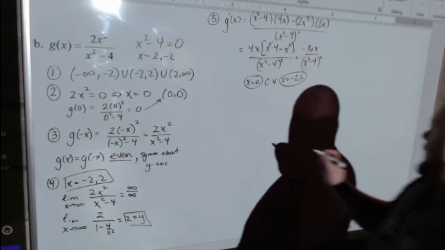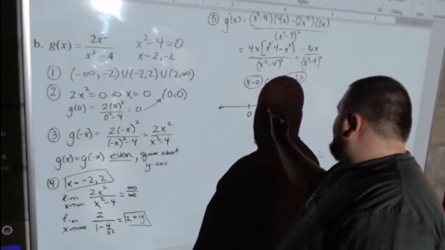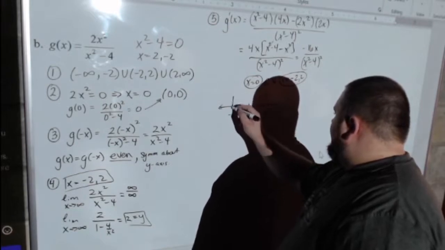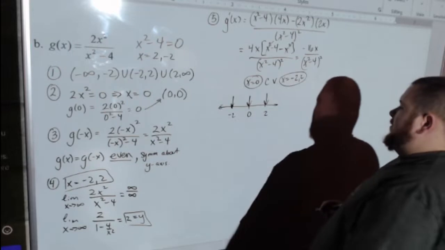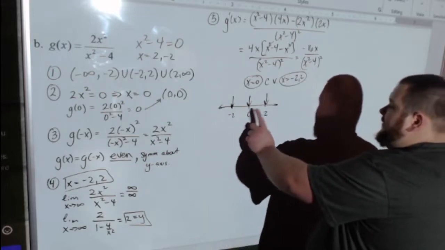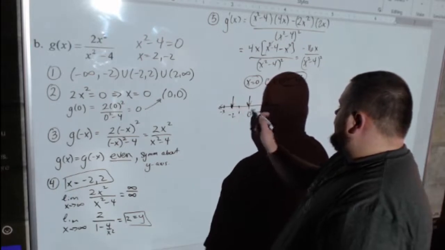So again, good old number line: 0, 2, negative 2. So I'm going to plug in negative 3, negative 1, 1, and 3.